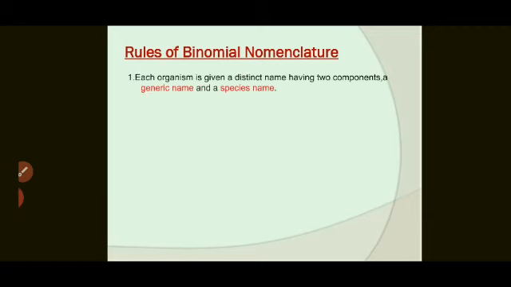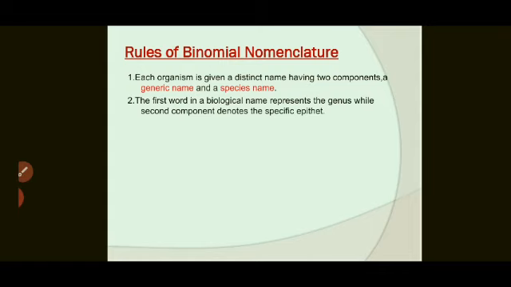The first rule says each organism is given a distinct name having two components, a generic name and species name. So every organism has a biological name having two components, a generic name and the species name. This is the first rule.